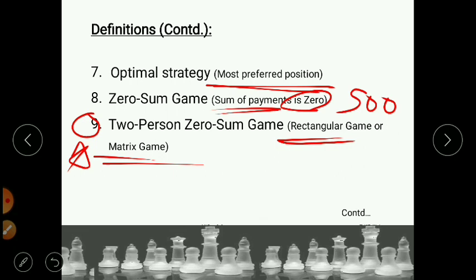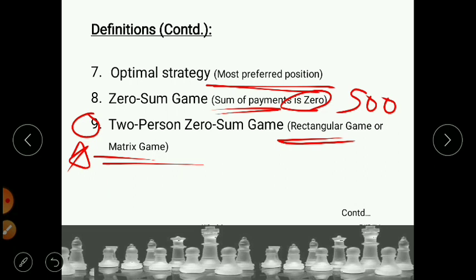Fine. Now, why it is called a rectangular game or matrix game is because the payoff matrix is in rectangular form. We'll take an example in a short while, how this matrix is formed and how the calculation is done. But the matrix is formed in rectangular form. That's why it is known as a rectangular game also.